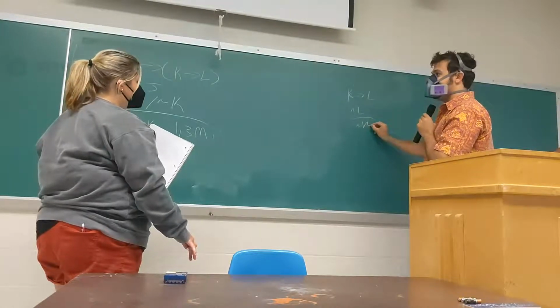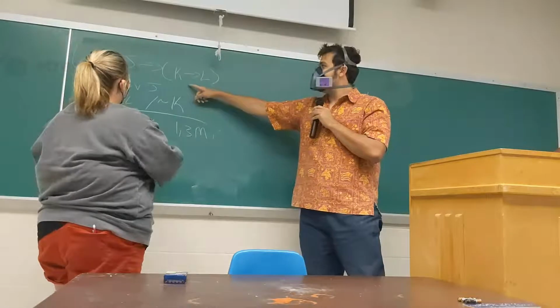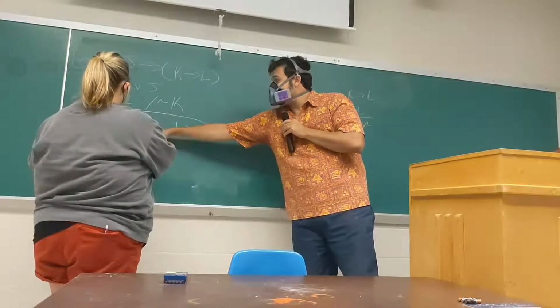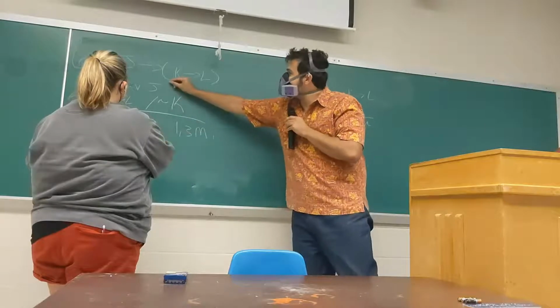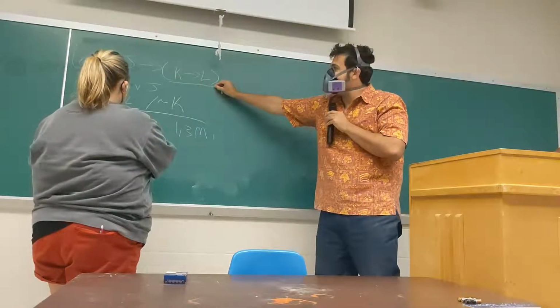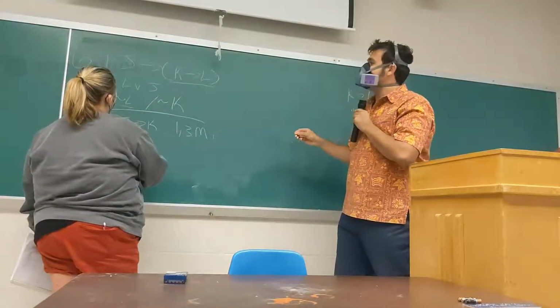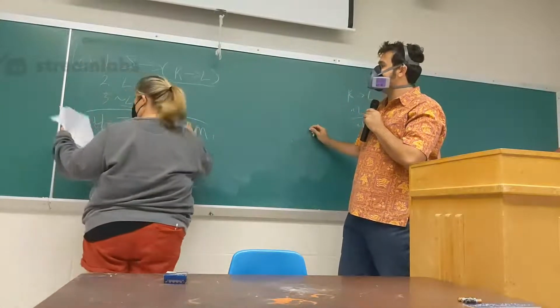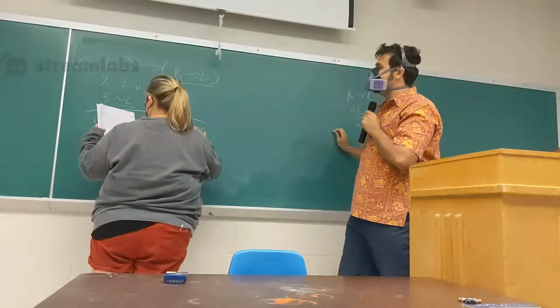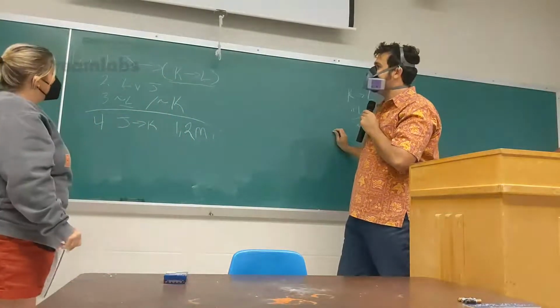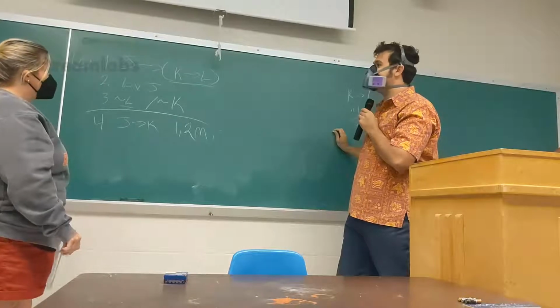Not K. So that's what I thought on my step 5. Right, but this has to be not K, because you're trying to do a modus tollens on this, right? That's what I meant, 1, 2 modus tollens. No, you can't do that.